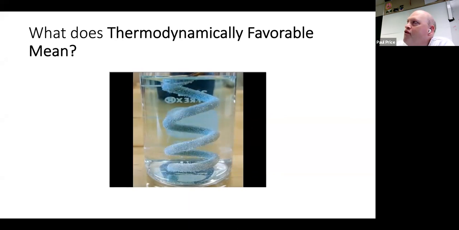And what thermodynamically favorable actually means is the reaction is going to happen if you just mix the reactants together. Notice here, all the person did was put the copper wire in the solution of silver nitrate, and magically we have made some silver metal on the copper wire. And you can also see that the solution is turning a bluish color, which is an indication that copper ions are going into the solution.